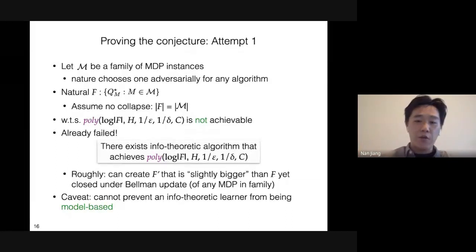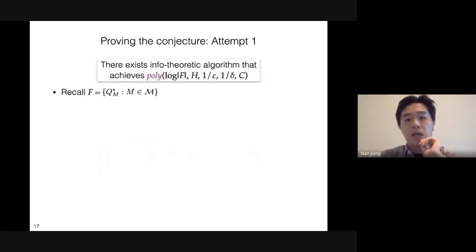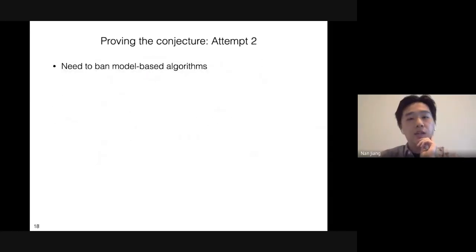And if the algorithm is model-based, it can overcome all these difficulties related to bootstrap targets failure, difficulty of estimating the Bellman error, and so on and so forth. That is only there for value-based RL algorithms. So we actually need a mechanism to separate between model-based RL and value-based RL in order to prove this lower bound. So I'll skip that here.